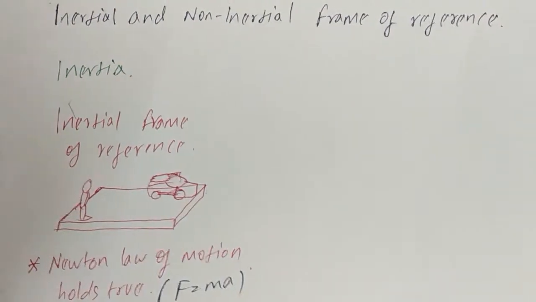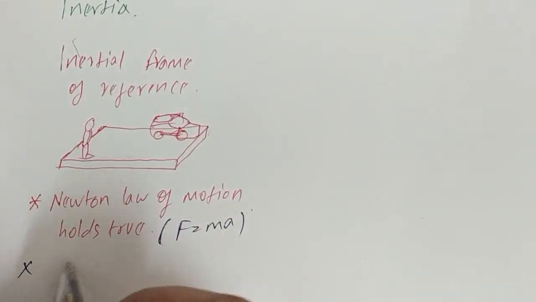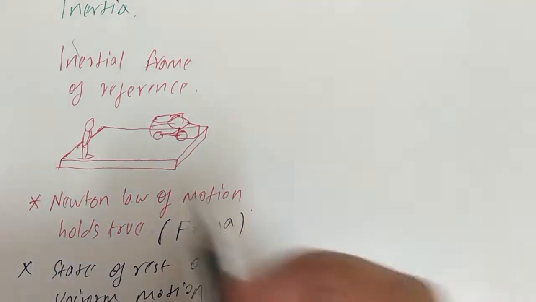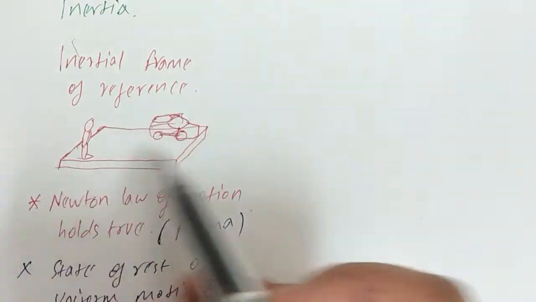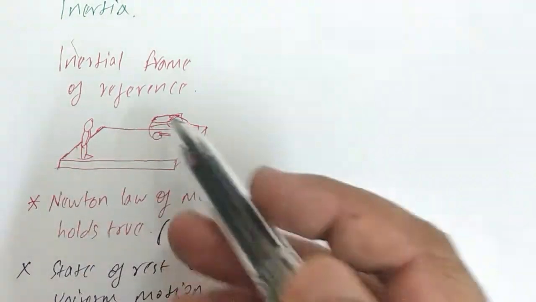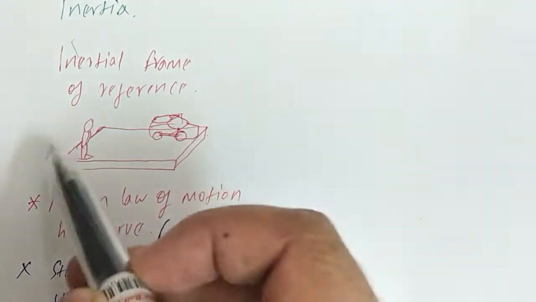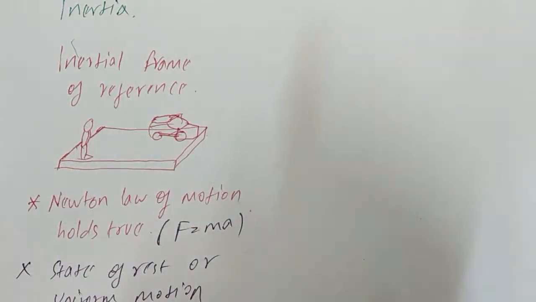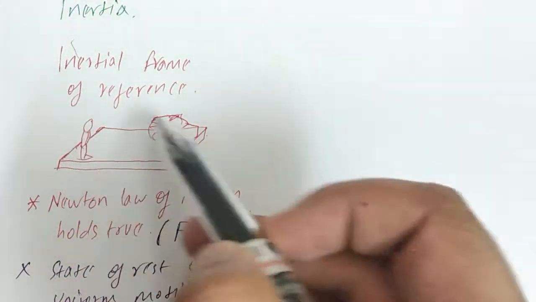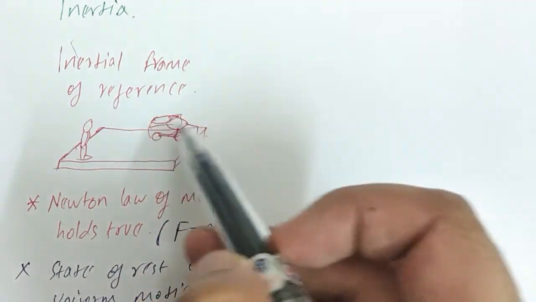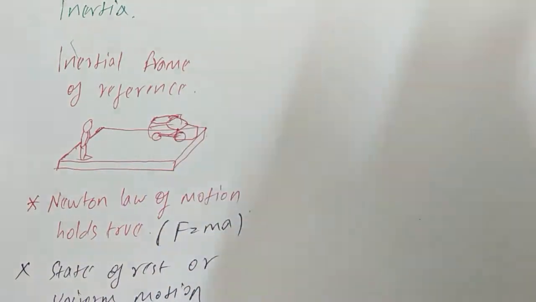This frame of reference can be in the state of rest or uniform motion. So you might be at rest, or you might be moving with some uniform velocity, and you observe another physical object where Newton's law of motion is valid.